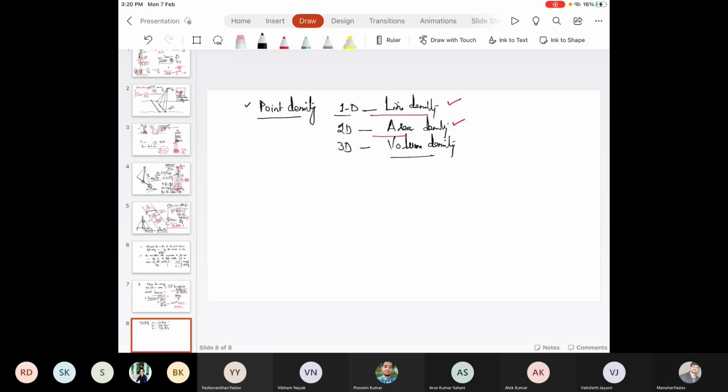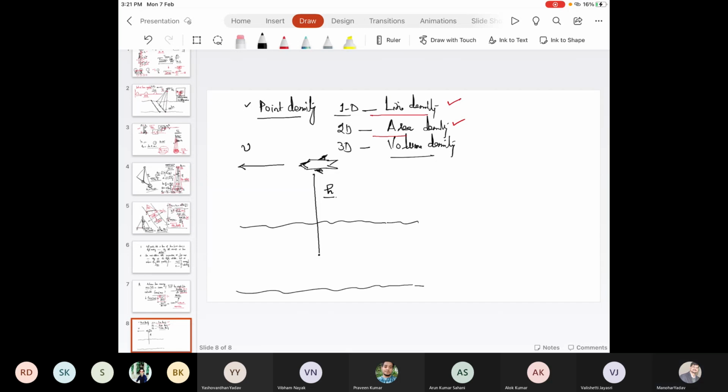So let's say this is the ground terrain, and over the ground terrain this aircraft is flying at the speed of V. And this is the nadir point, let's say, and this flying height is H.